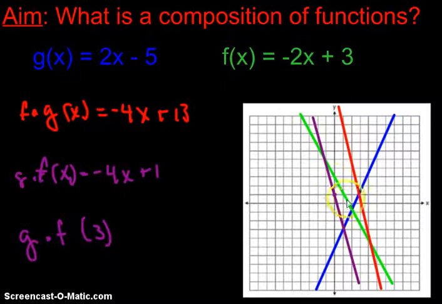It's supposed to be down 2 over 1. I'll make sure this line is plotted perfectly. So we start at 3 on the green line, and that tells us we get negative 3. Now we use negative 3 on the blue line, which is down here, which is where that negative 11 came from before. Or we could have just gone to 3 on this line, which is down here at negative 11.